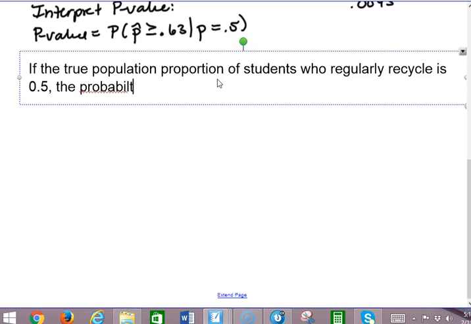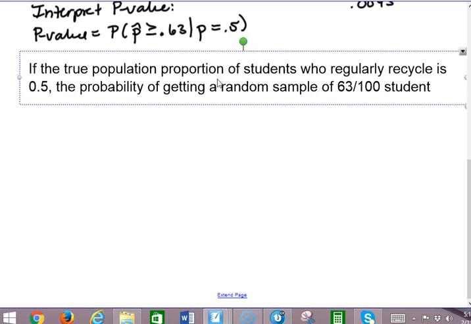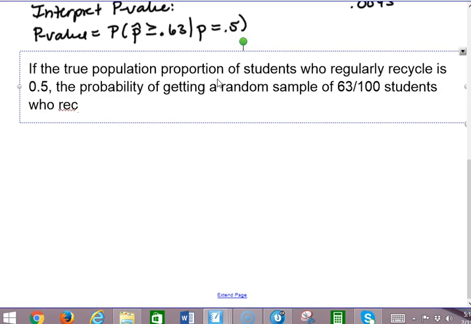the probability, I'm always having trouble spelling that, of getting a random sample of 63 out of 100 students who recycle or more.